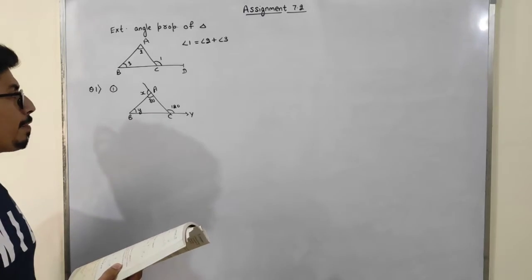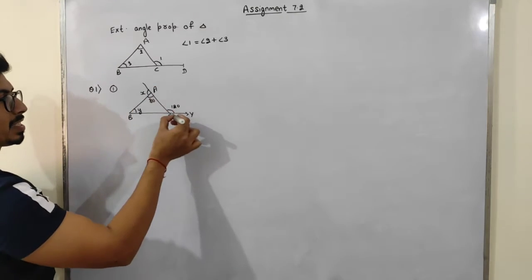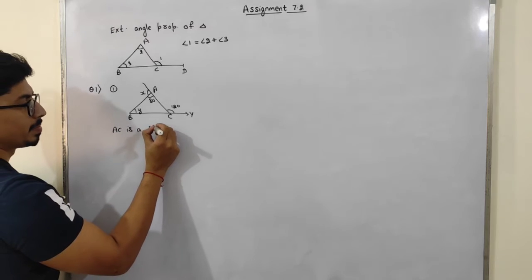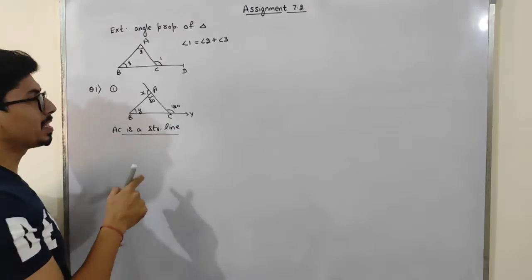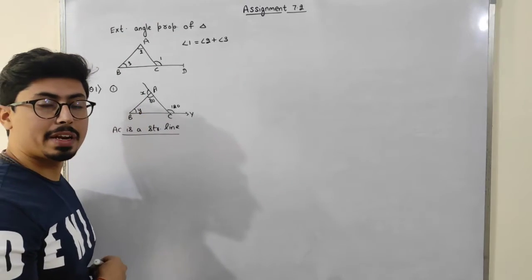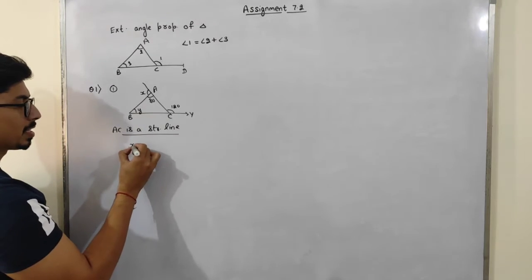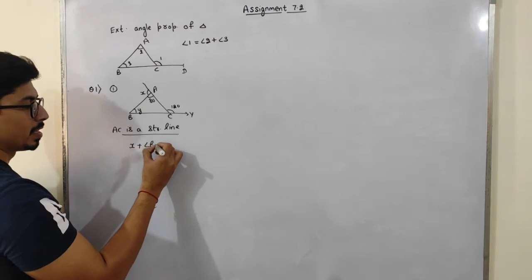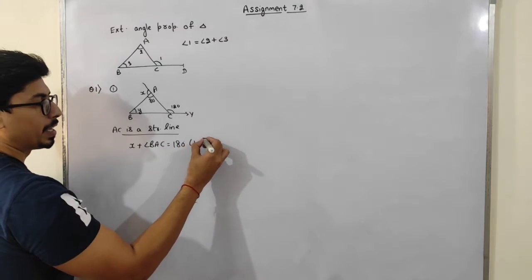Now, how can we find out, students? See, first of all, AC is a straight line. So if AC is a straight line, I can say that the sum of these two will be 180 degrees because of linear pair. That is a property that we have discussed in the previous assignment. So X plus this angle, that is BAC, is equal to 180 degrees because of the linear pair property.